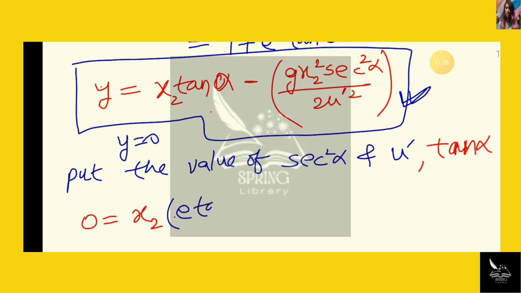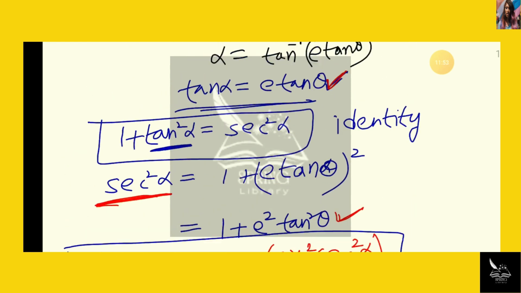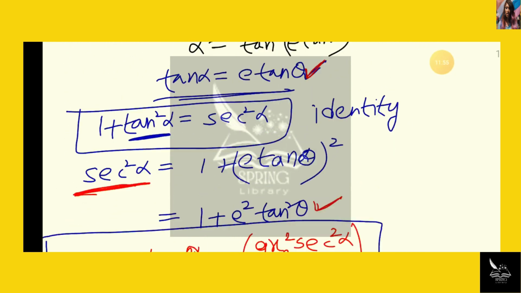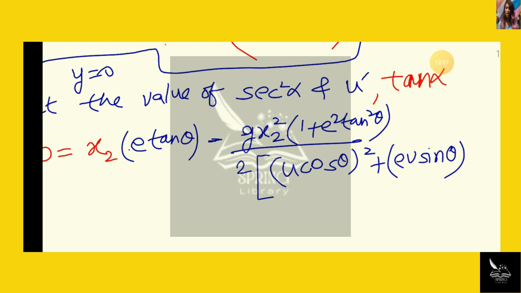So 0 is equal to x2 multiplied by tan alpha, which is e tan theta, minus g x2 square, and sec square alpha will be written as 1 plus e square tan square theta, divided by 2 u dash square, where u dash square will be, in the bracket, (u cos theta) square plus (eu sin theta) square.